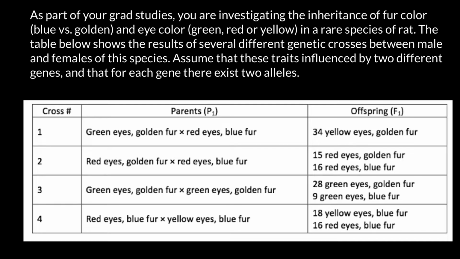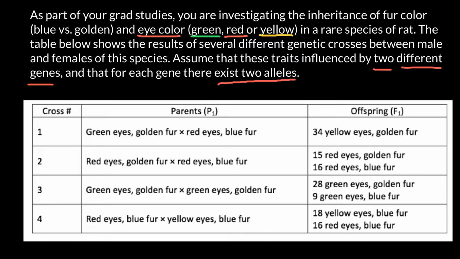What is interesting right away is that we have two different genes, and for each gene two alleles. But for example, for eye color we see three traits: green, red and yellow.